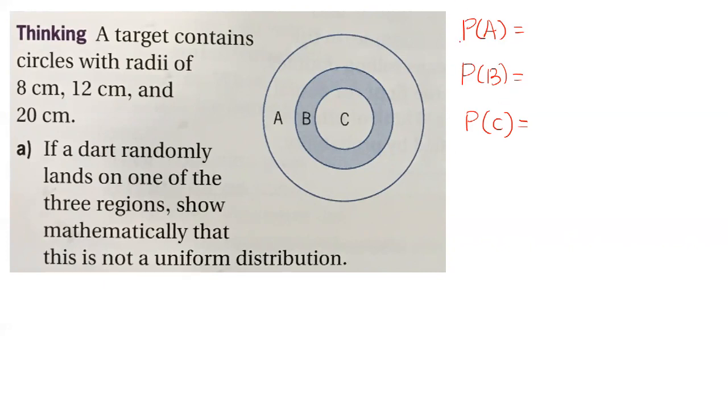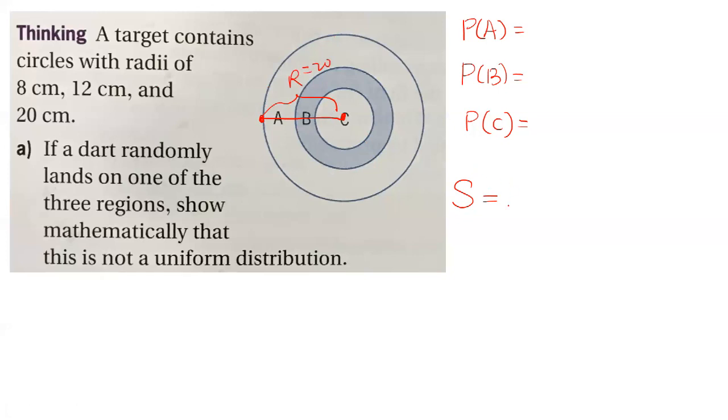Okay, so how to calculate the probability of landing on A, B, or C, respectively? We need to calculate the area of the very large circle with a radius of 20.